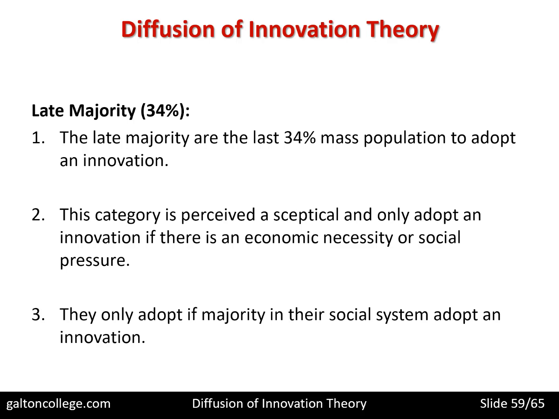So it may be that this group simply are not interested in what the developers think that customers are interested in. So they just hang back. But as I said, social pressure, peer group pressure may lead them to make the purchase. But they certainly will not make an early purchase. They'll make a purchase eventually.